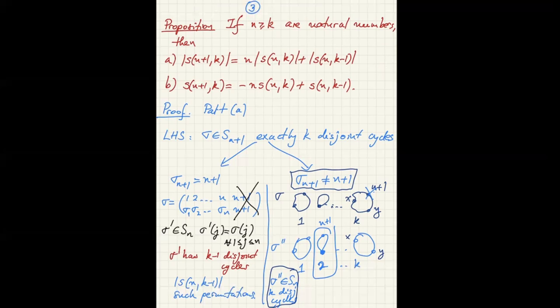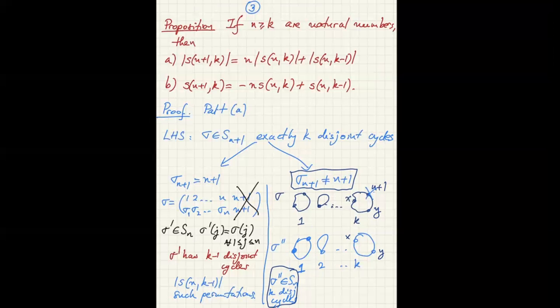So there's one way. Let's look at a different picture. If we have the transposition here on this first cycle, we can insert n plus 1 here, or you can insert n plus 1 here, and you get a different permutation.